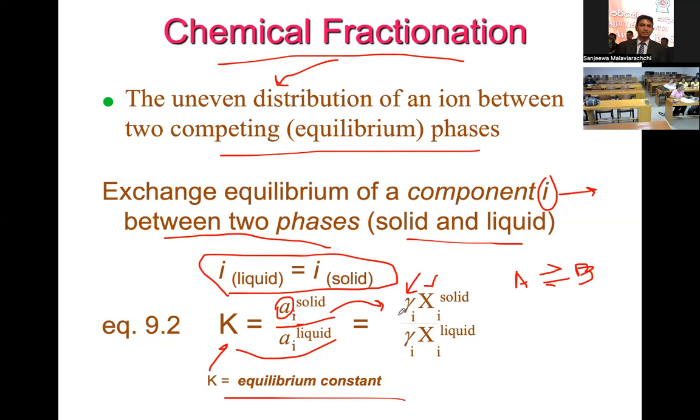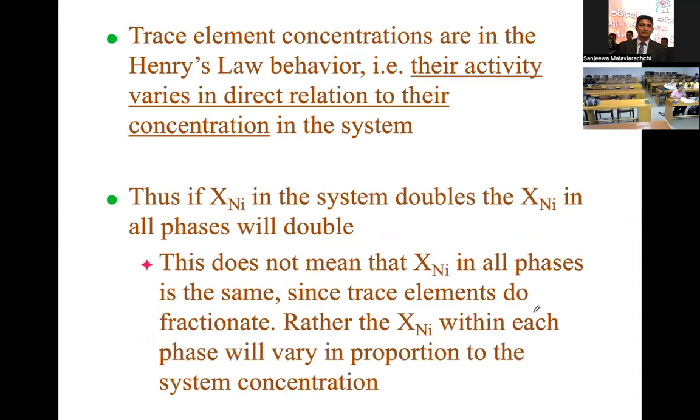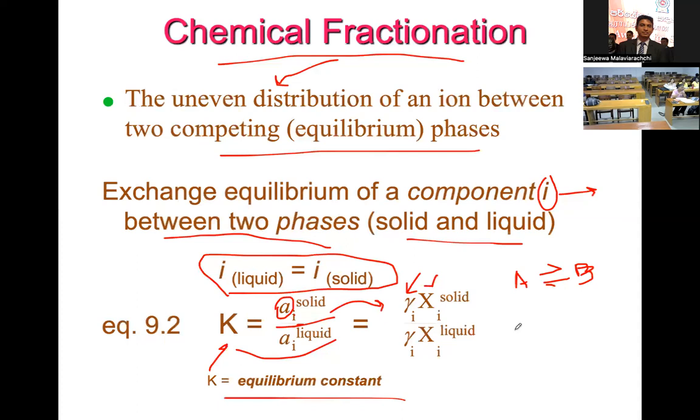For the time being, just suppose you know the ionic activity coefficient and also the concentration, then you can calculate the activity of that particular ion in that phase, solid or liquid. So this is the definition, and we will use these things in later discussions. Remember this relationship.